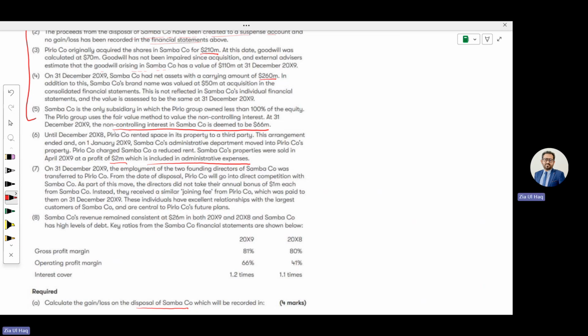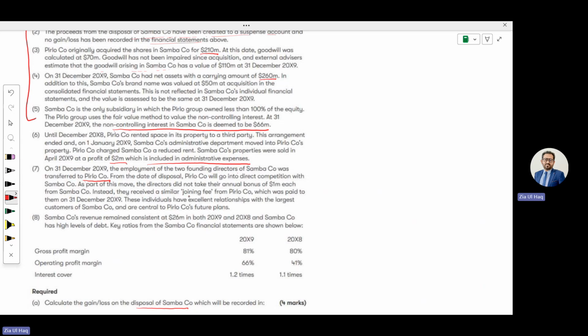On 31st December 2009, at year end, the employment of the two founding directors of Samba company was transferred to Pirlo company. Meaning after disposal of subsidiary, their directors are transferred to parent company, Pirlo. From the date of disposal, Pirlo company will go into direct competition with the Samba company. As part of this move, the directors did not take their annual bonus of 1 million each from Samba company.